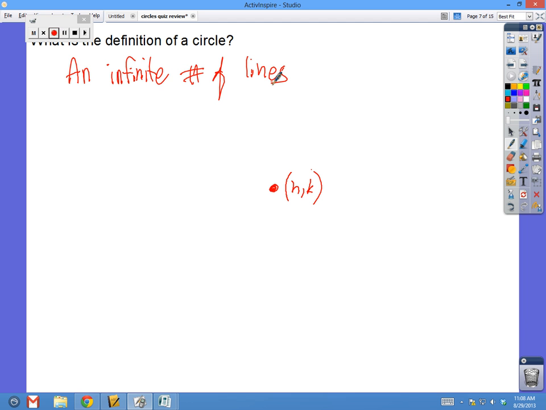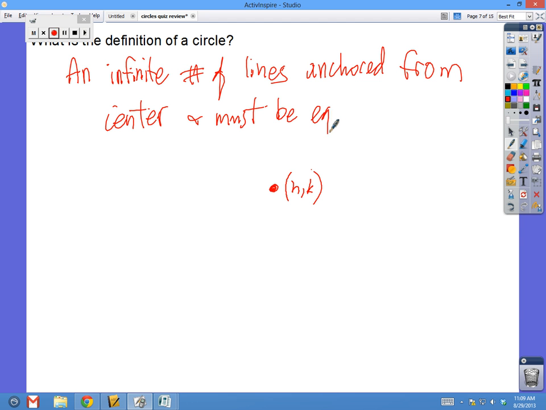But what do you know about those lines? They have to have a center. Infinite number of lines anchored from the center, and there's something else you have to know about those lines. So they've all got to anchor from the center and must be equal in length.